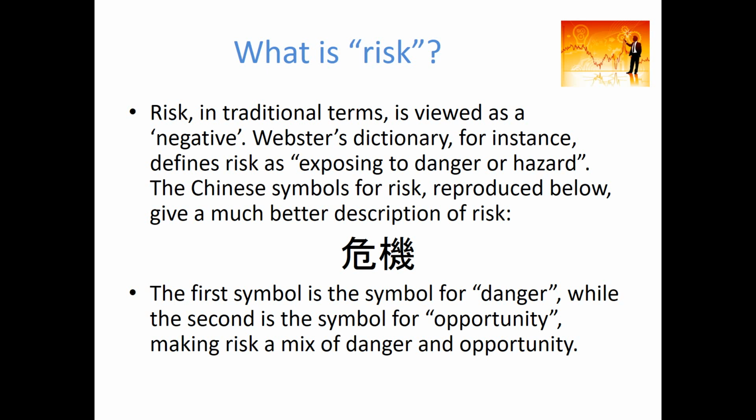In some ways, we can think of the Chinese symbol of risk, which is reproduced in this slide, as giving a much better description of what risk actually means. Because in the Chinese symbol, they have a combination of both danger and opportunity coming together. So danger and opportunity, that's very much risk in financial markets.